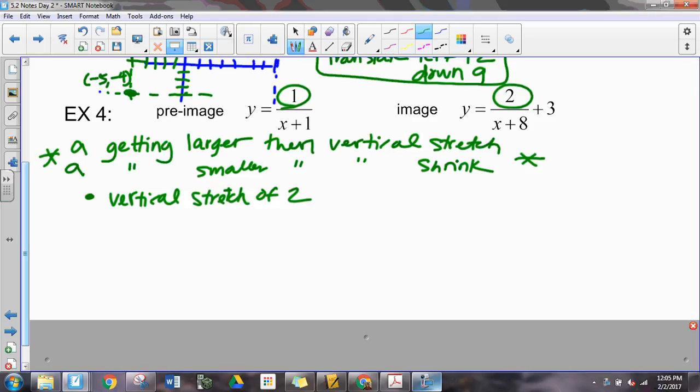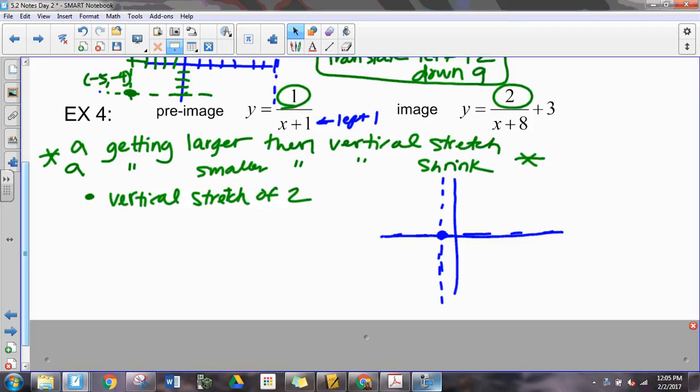Okay, so now we have to figure out our translations. So draw yourself a sketch, again, of where the asymptotes are. So for the pre-image, we have x plus 1, so that means it's at -1. And there's no up or down, so it's still at 0. So we're there. And then the image is, this tells you to go left 8, and this one is up 3.